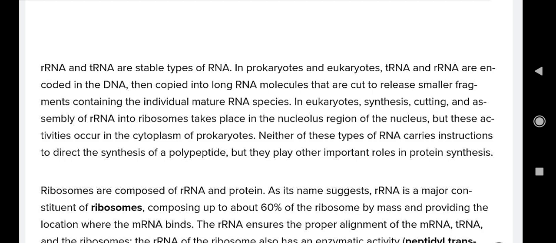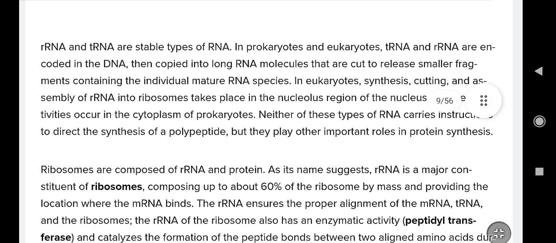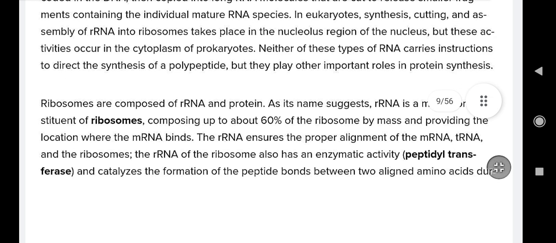And tRNA are specific types of RNA which carry suitable amino acids. Both of them are stable, but neither rRNA nor tRNA carries the instructions to direct the synthesis of polypeptide, but they play an important role in protein synthesis.